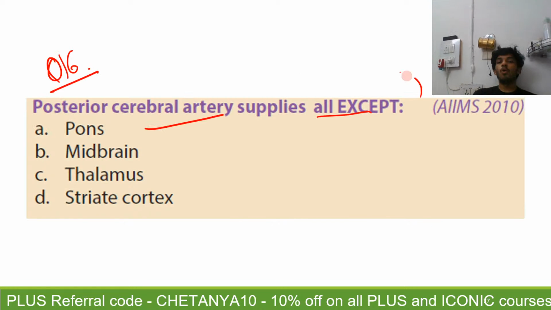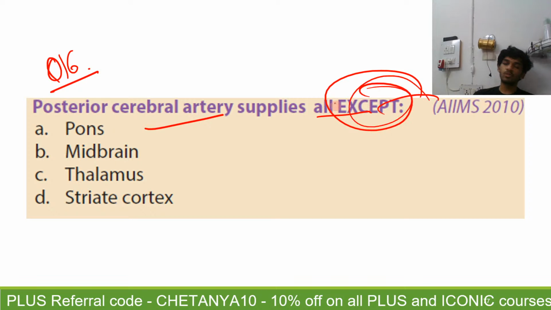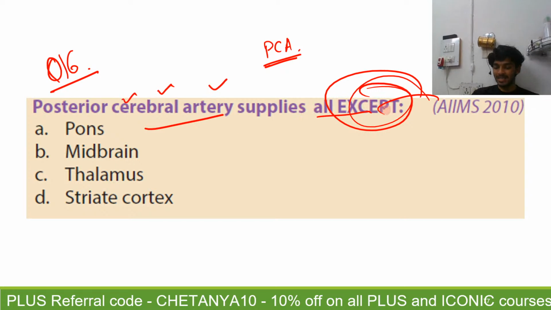PCA supplies all except what does it not supply? This question has been asked in a different way previously. Which of the following will not be affected in posterior cerebral artery infarct? Posterior cerebral artery supplies all except.